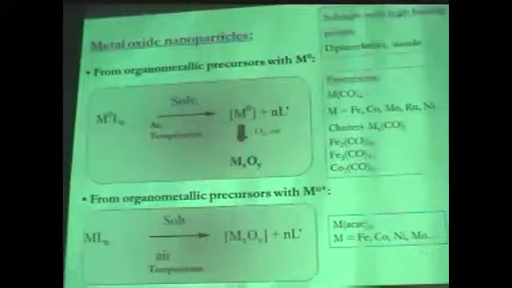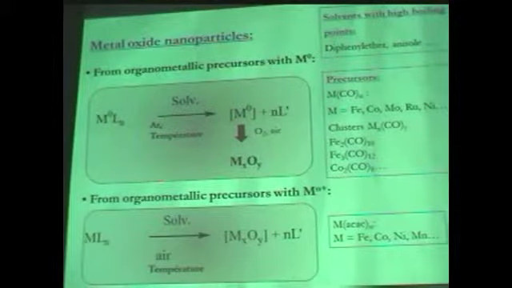The metal oxide nanoparticles may also be synthesized from other precursors in which the oxidation state is not zero.